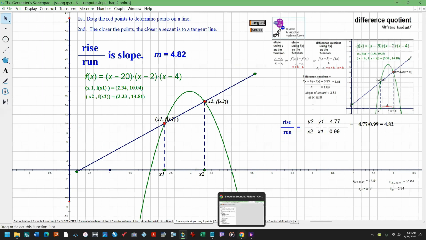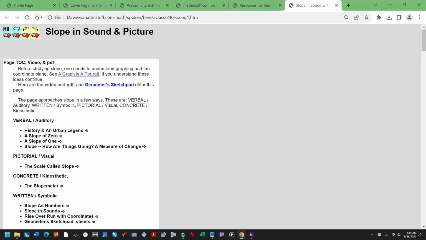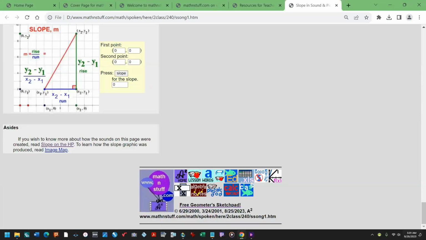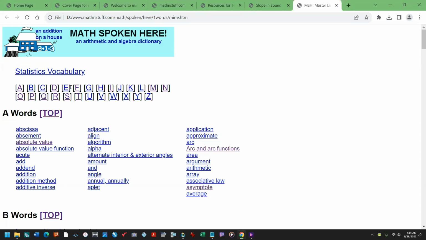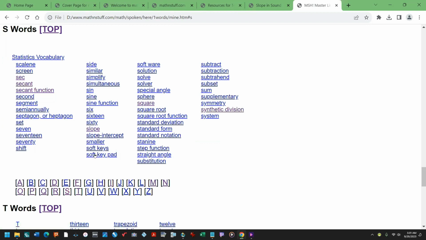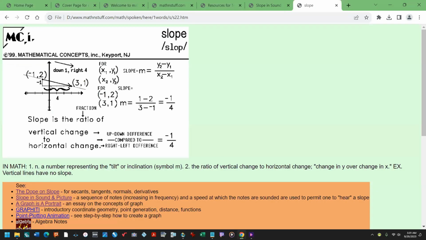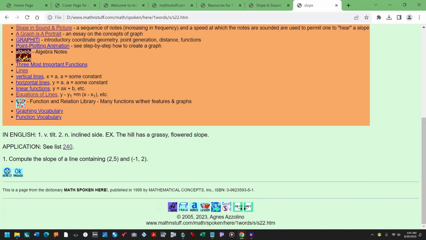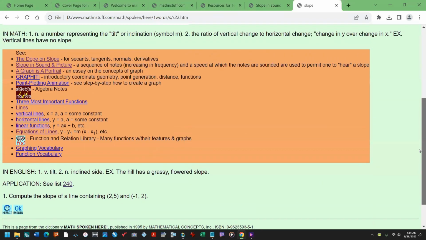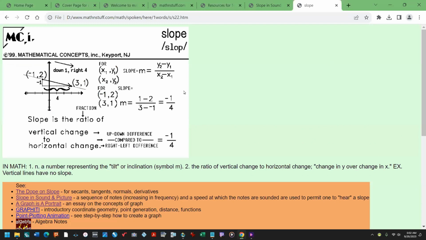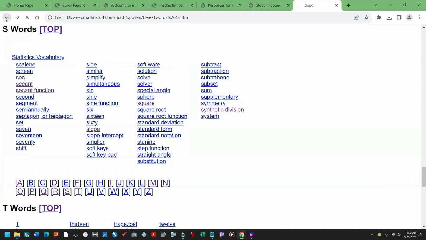And we're going to take a detour and go to vocabulary words and look for slope. And here's a meaning for slope. This was written prior to 2005 when it was posted as a web page. But that's the slope from a basic math point of view.